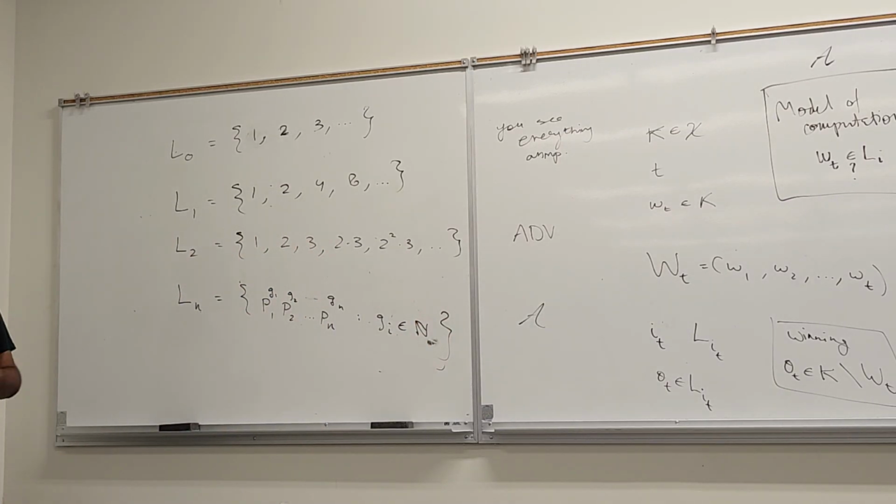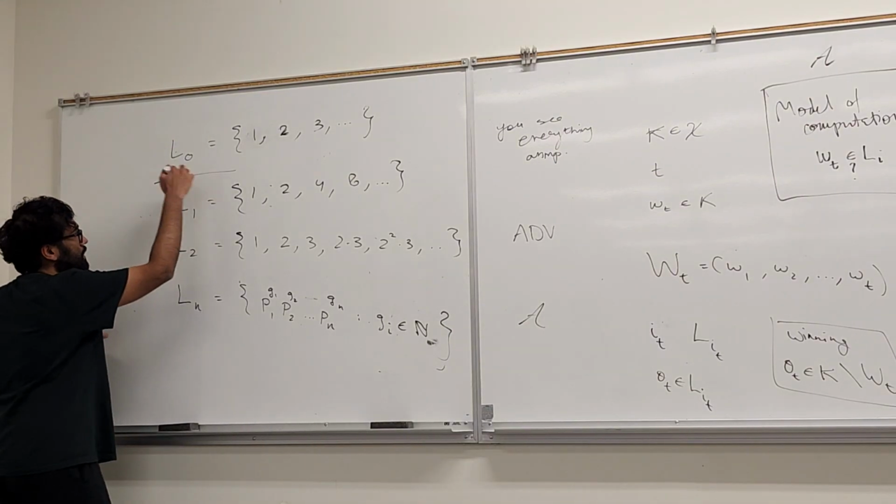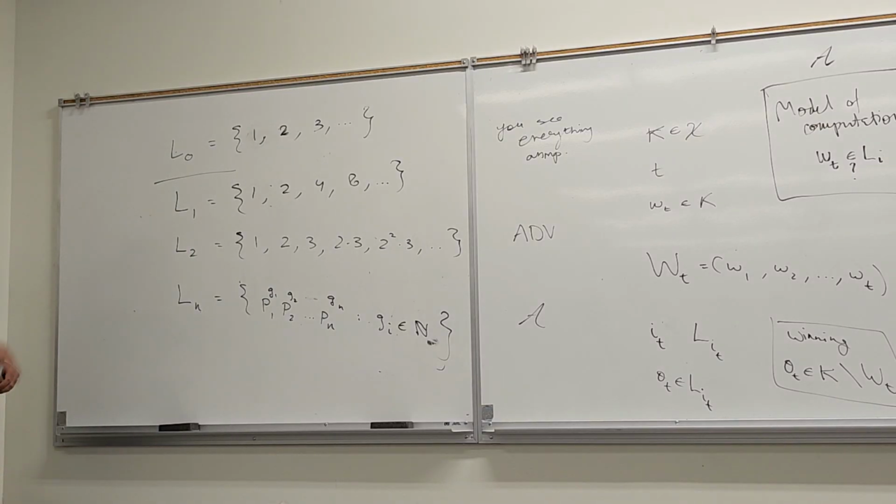Okay. Now I want you to appreciate that this is an increasing sequence of sets. So L1 is contained within L2, L2 is contained within L3, and so on. All right. And I guess the fundamental theorem comes here.